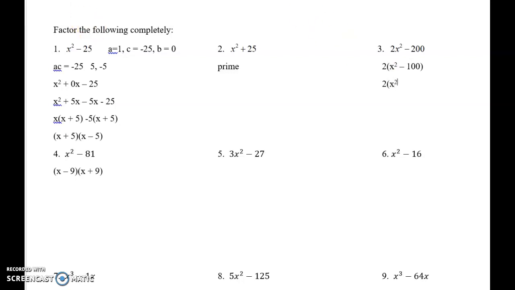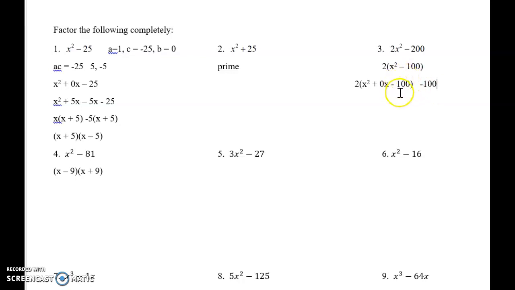Just make it x squared plus 0x in the middle minus 100. And then I'm going to do a times c. And I notice that a is 1, c is negative 100. So when I multiply those together, I'm going to get negative 100.